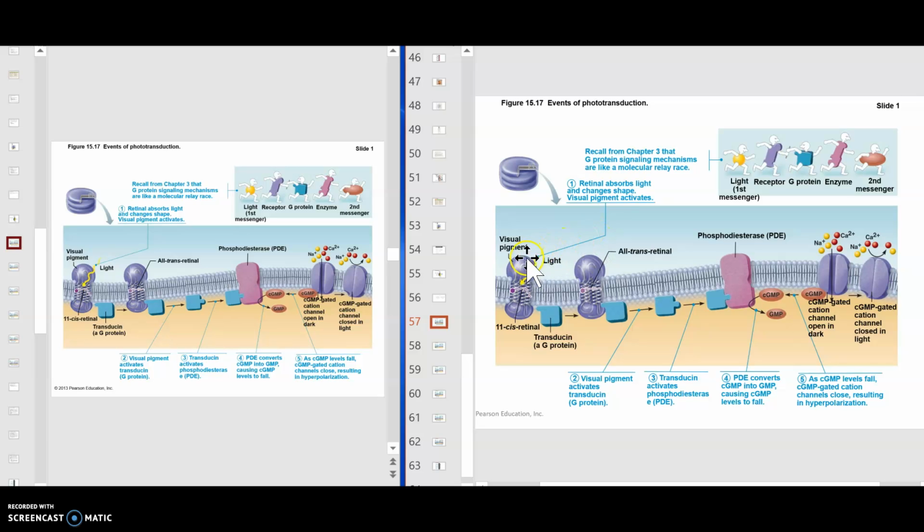When light hits this, it changes from the 11-cis form to the all-trans. When it attaches to the all-trans, this separates. The separation of that then allows this to attach and activate something called G protein.